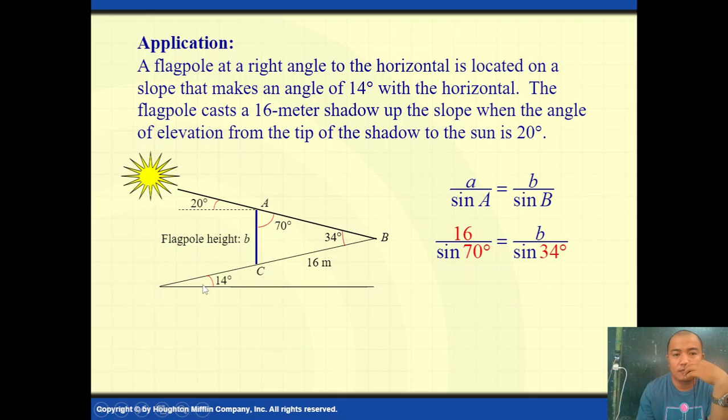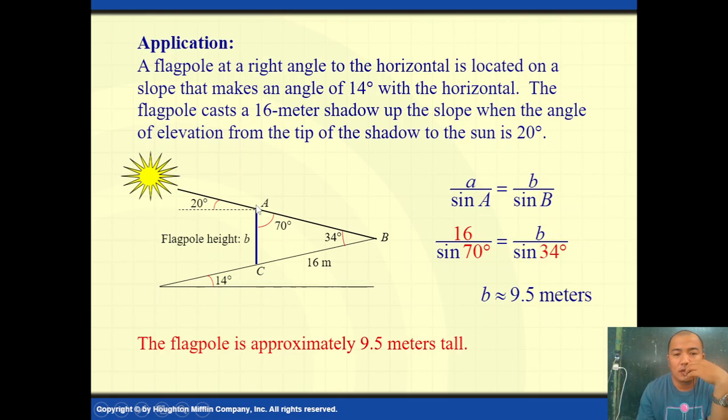Here we have the flagpole. We're trying to find the height of the flagpole. This is actually an oblique triangle. It's located on a horizontal slope, which makes an angle of 14 degrees.